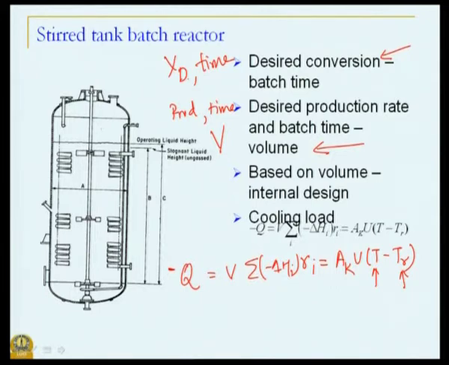So, that will complete the design of the internals. This, in short, is the kind of exercise that one would have to do if we were designing a batch reactor. The case we saw was the hydrogenation of oil, which was a gas liquid solid reaction.